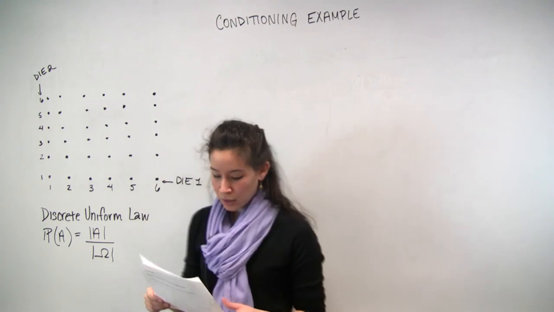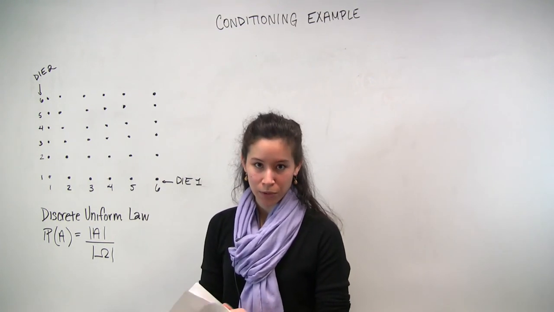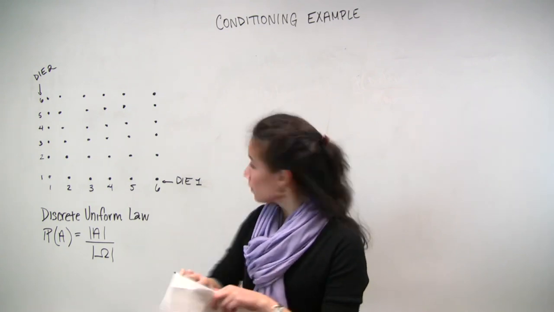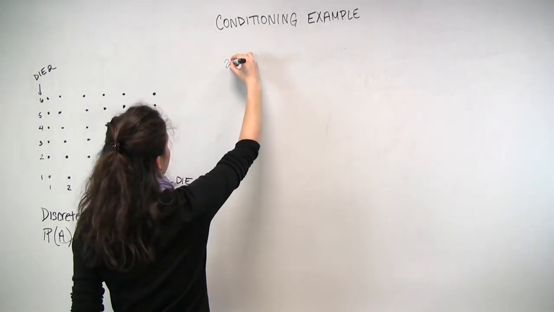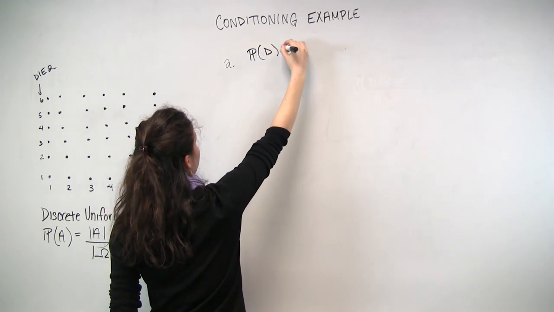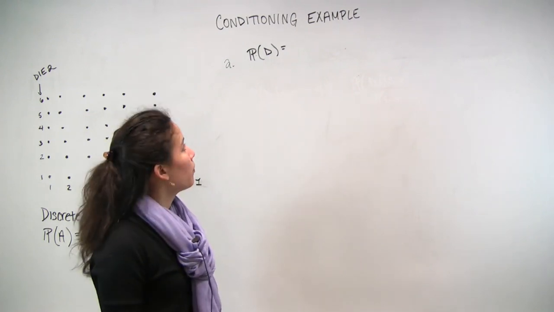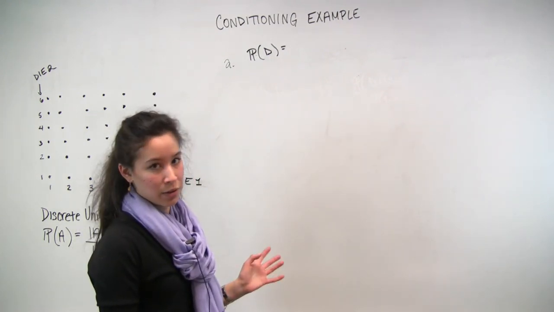Okay, so Part A asks us to find the probability that doubles are rolled. So let's use some shorthand. We're going to let D be the event that doubles are rolled, and we want to compute the probability of D. I argued before we can use the discrete uniform law.